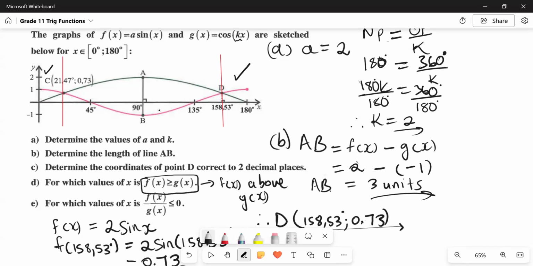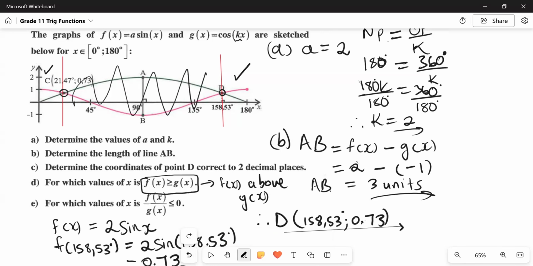The pink graph is above the green graph, right? But from here, actually, from point C to point D, the green graph is above the pink graph, right? So with that being said, we can say, yeah, f of x is above g of x.